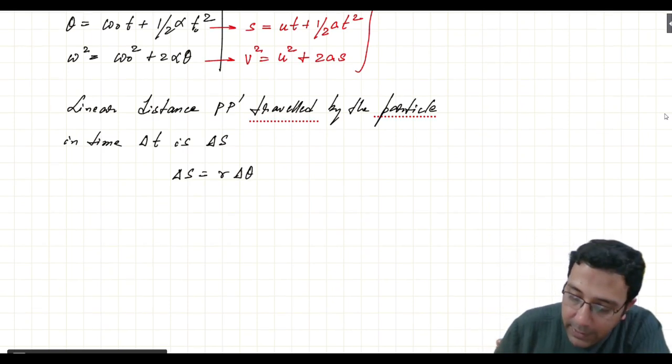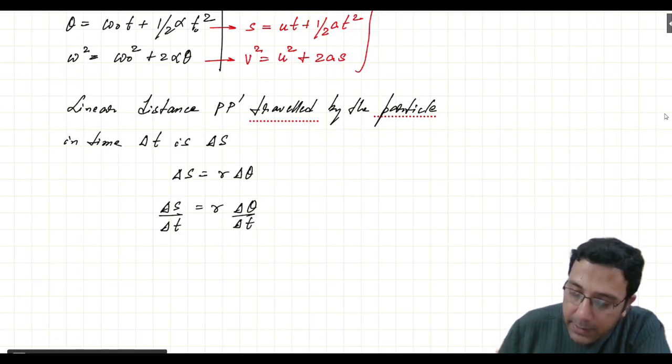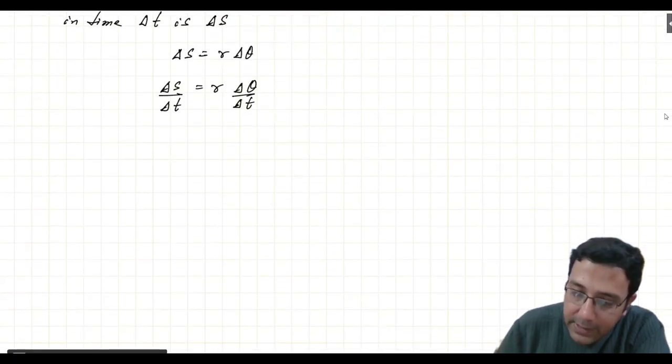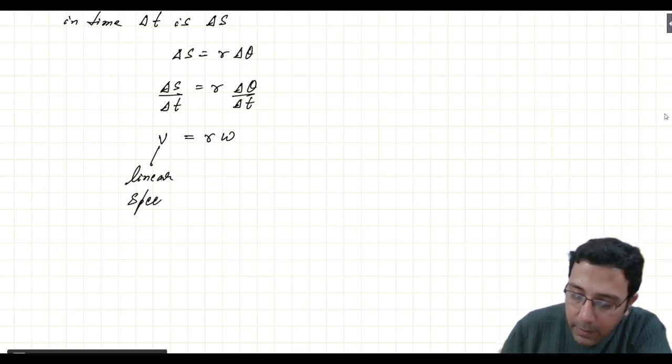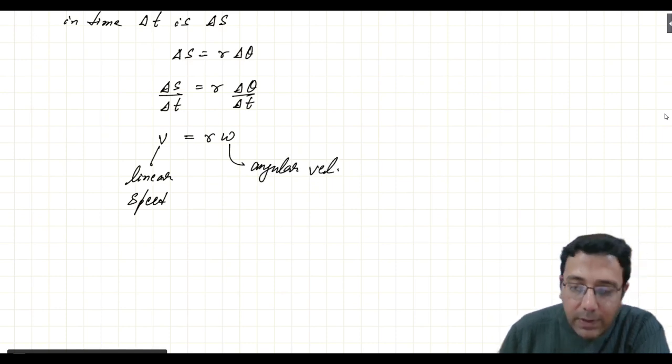Now delta s by delta t equal to r delta theta by delta t. So we can write delta s by delta t, which is v, the linear speed, is equal to r omega, where omega is my angular velocity.